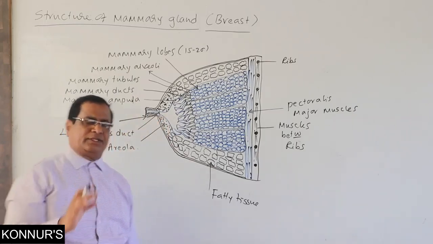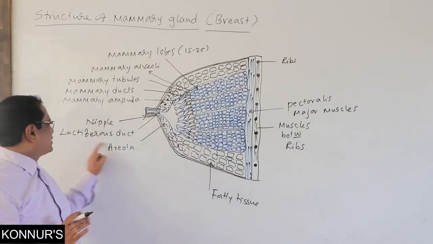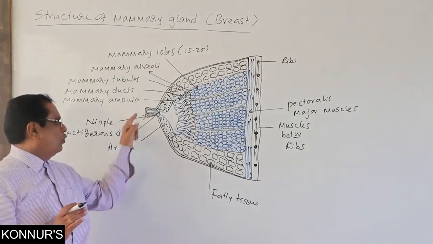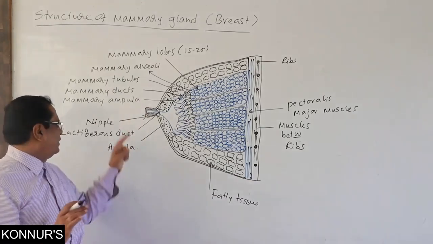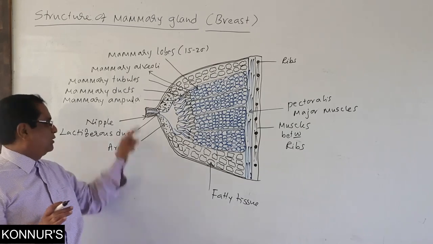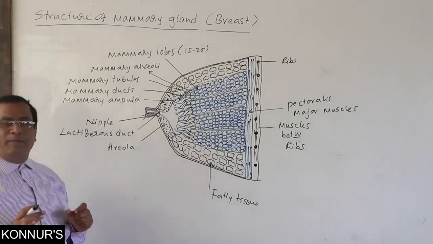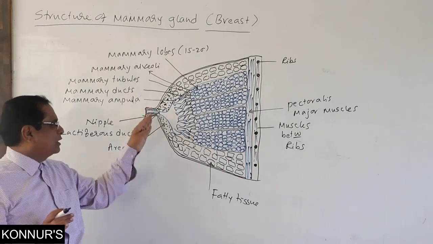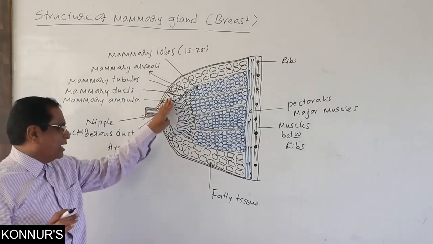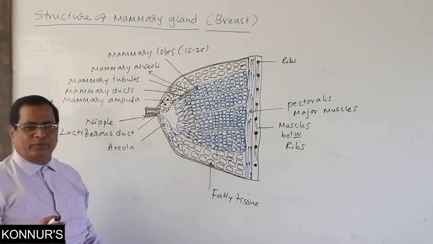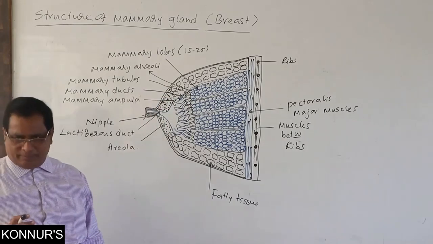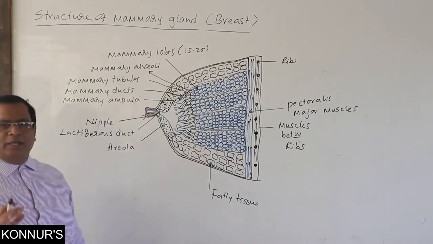That common duct is named lactiferous duct, and that lactiferous duct opens at the tip of the nipple, and through this milk is sucked. And around the nipple there is a dark stained tissue. That dark stained tissue is named areola.